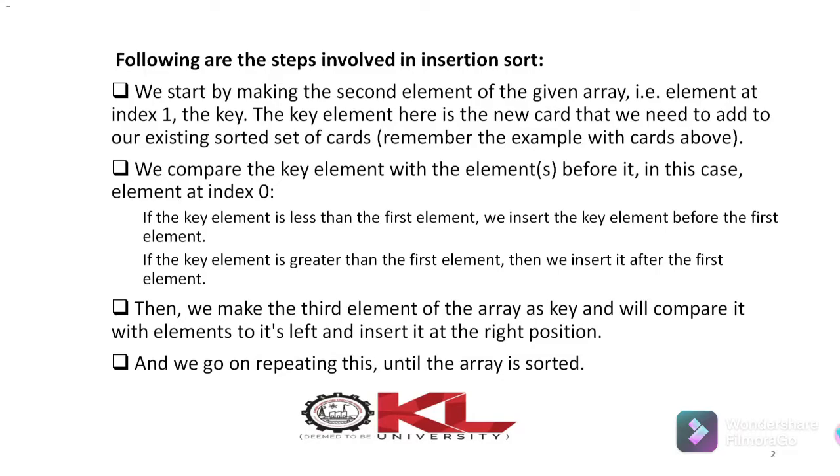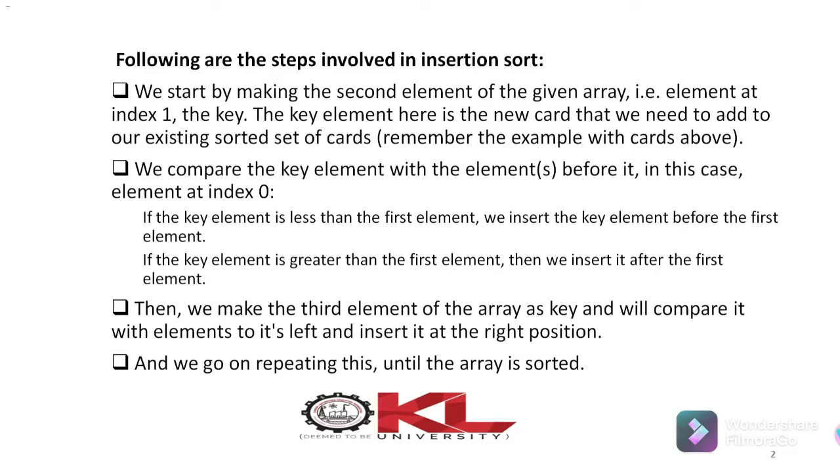In the third pass, we take the fourth element as the key element, and it is compared with its previous element, the third element. If the third element is greater than the key element, that third element is shifted one step right. Then the key element is compared with the second element. If the second element is still greater than the key element, it is also shifted one step right.